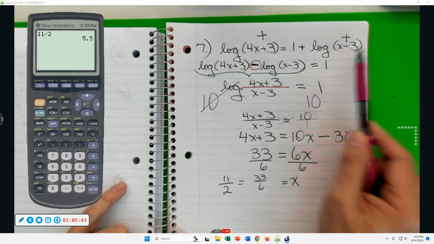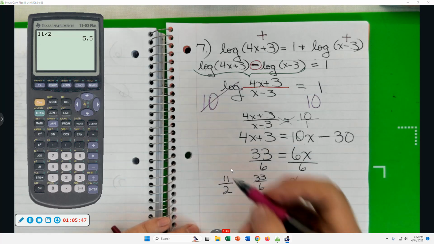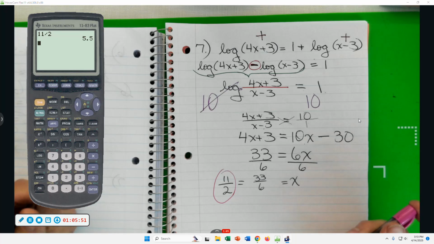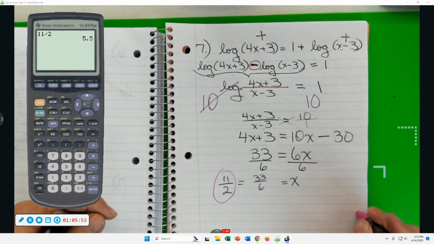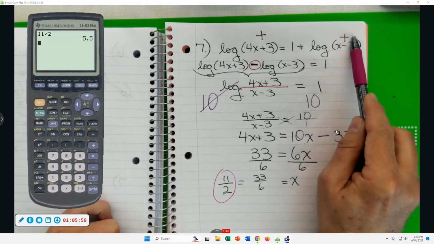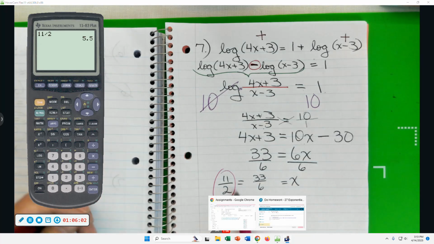It's positive. So is 11 halves an acceptable solution? Yes, it is. Suppose we'd gotten x equals 2. Would 2 have been acceptable? No, because 2 minus 3 is not positive. Well, you only got one possible solution, and it is acceptable.